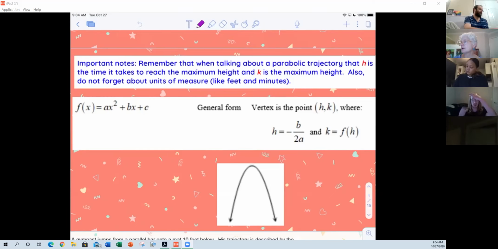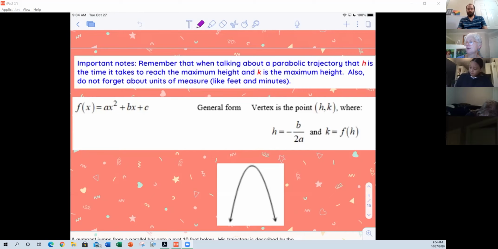All right, so for the first question, I just want to remind you of some formulas, and you may want to write these down because they're the important ones you need to know for the test tomorrow. When we're talking about a parabola and a trajectory, like throwing a ball or a rocket shot up, h and k are the coordinates of the vertex. h is the x coordinate, k is the y coordinate. h is the time it takes to reach the maximum height. k is the maximum height.